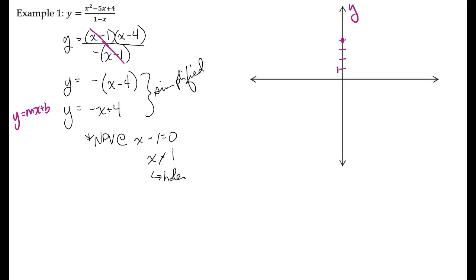Again, labeling the graph with my scale. And then my slope should be -1. So in terms of rise over run, it's going to be 1 over 1 going down towards the right.